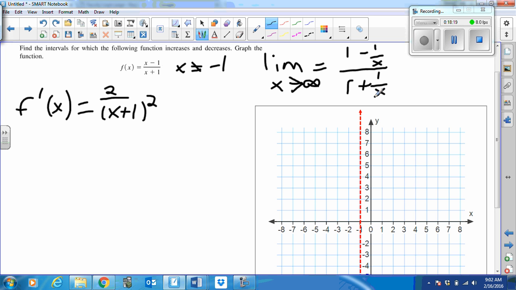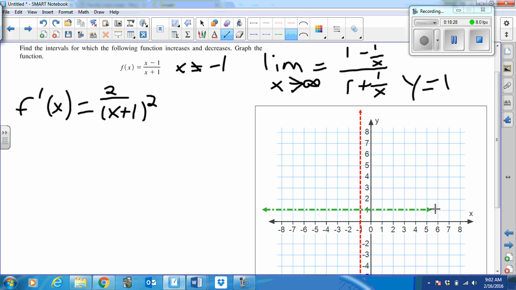And so we have a horizontal asymptote at y equals 1. Now this is a blast from the past, but things continue to come up in math, so we will put that horizontal asymptote here. So we have the framework for our function.